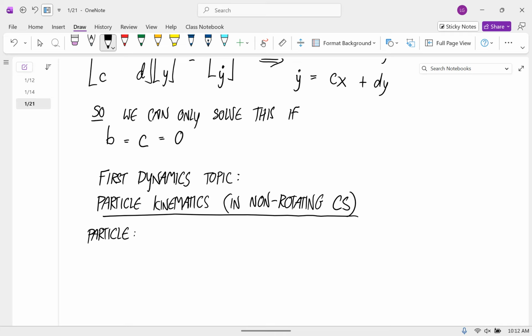They're not small, but it just means that you're treating their location as if it only exists at their center of mass. So it's a mathematical treatment of an object as having no length dimensions.